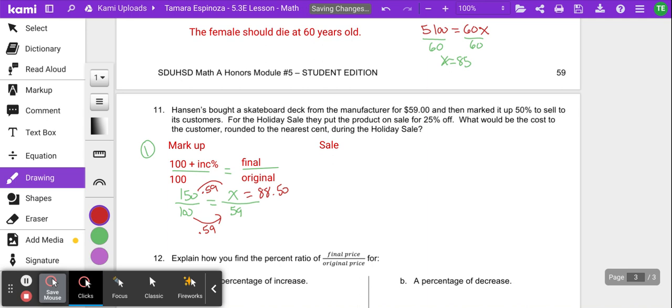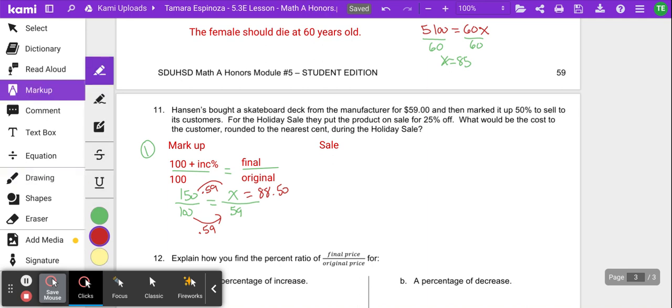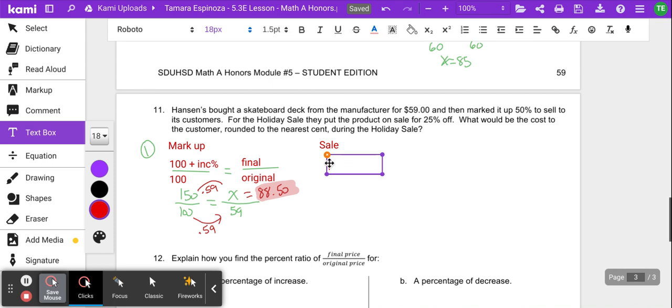So then he's going to take this price, not the $59, and take a sale off of that price. So now we've got to do a discount.